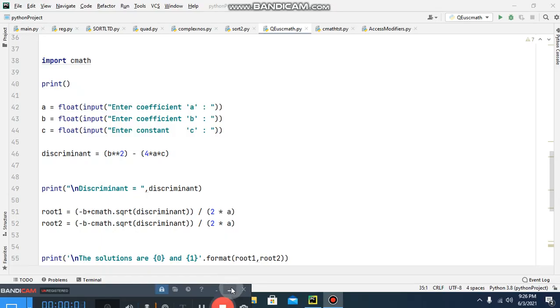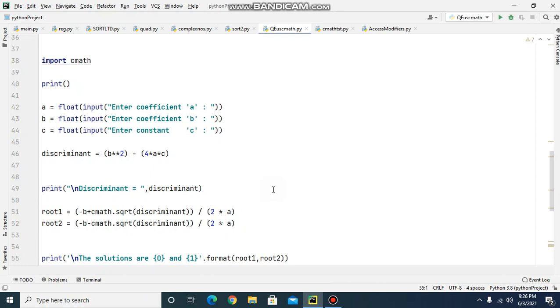Just a quick recap of what we have done. First, we have passed the real and the imaginary parts as parameters of the complex function, and the return value of this function is a complex number, which is the solution or roots of the quadratic equation.